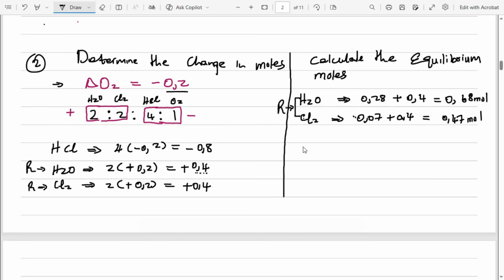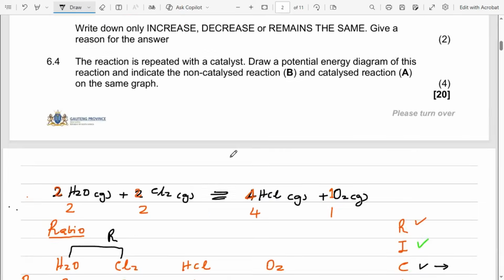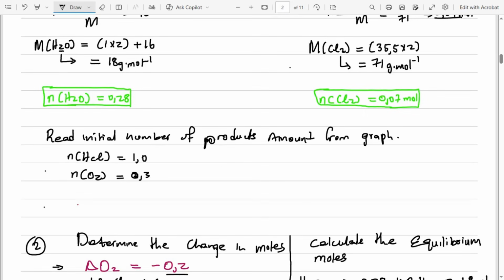Now for your products, instead of adding, you subtract. You take the initial amount, the one that we started with. Starting with the HCl, initially we have our readings here, and for HCl that was 1.